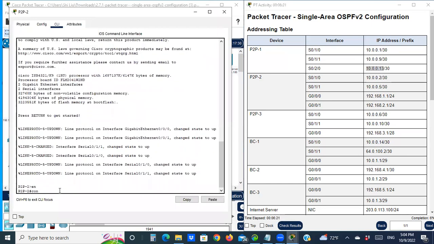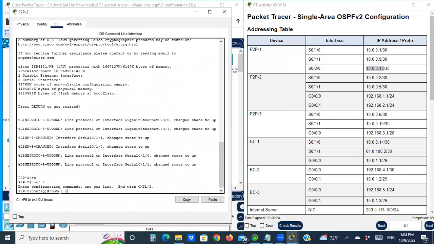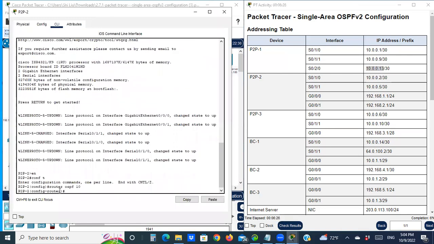Enable, configure terminal, router OSPF 10, network. For P2P2, this network, 10. It's still a /30, so the inverse mask is 0.0.0.3.